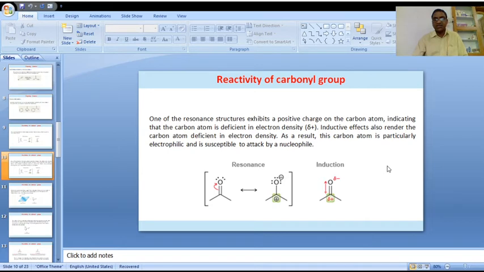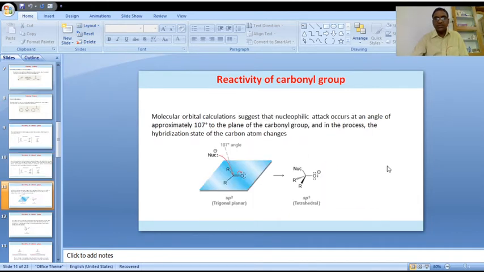Is it clear? Generally, the nucleophile easily attacks this carbonyl carbon. Is it clear, all of you? How the nucleophile attacks on this particular carbonyl carbon, I will discuss clearly.